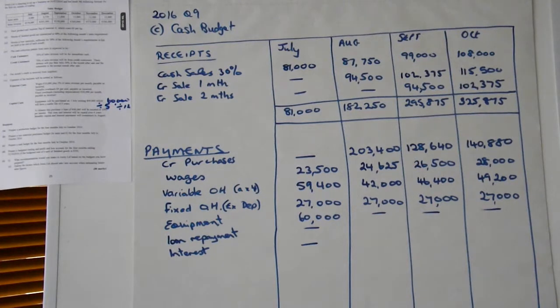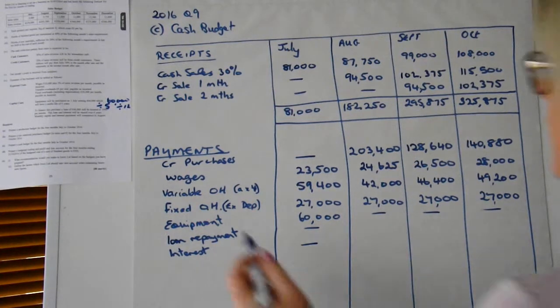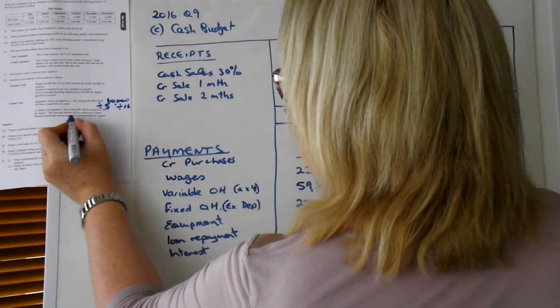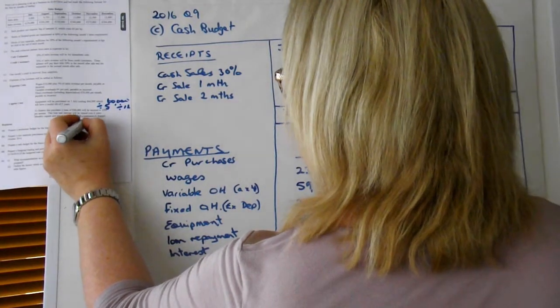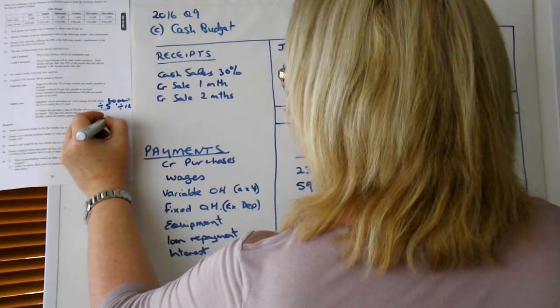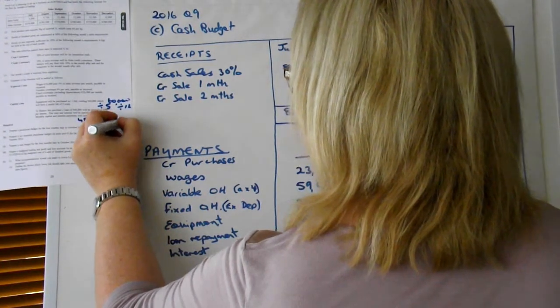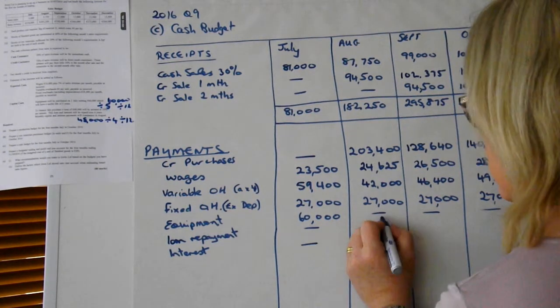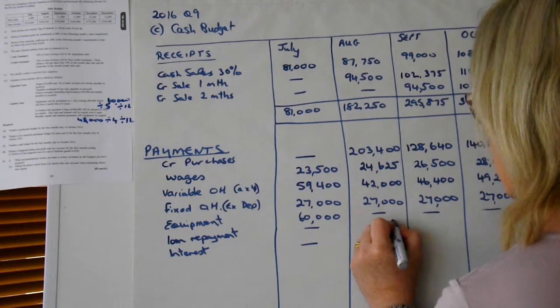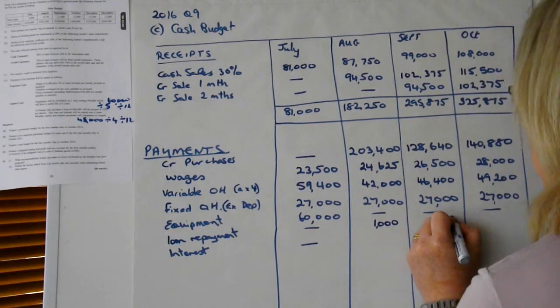So the loan repayment, first of all, is 48,000 over 4 years. So 48 divided by 4 and divided by 12 to get your monthly repayment figure. So that works out at 1,000 a month. So again, starting there in August at 1,000.